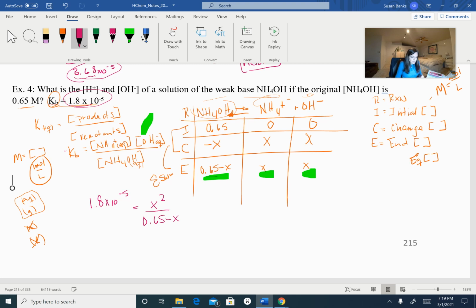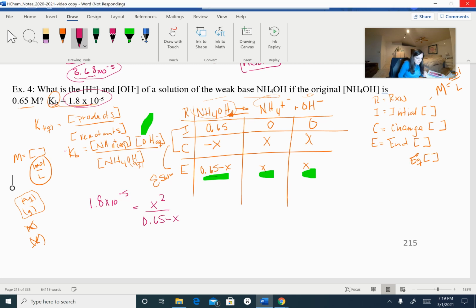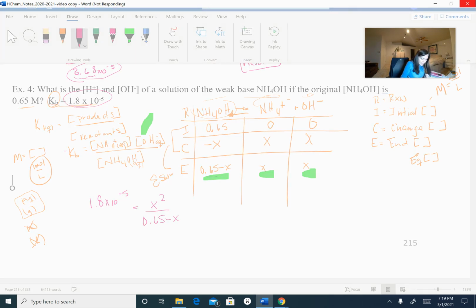And yes, but no. The thing is, if I have an equilibrium constant, which I have here, that is less than 10 to the negative 3, it means that my negative x here on my 0.65 minus x is so small that it really isn't going to matter.